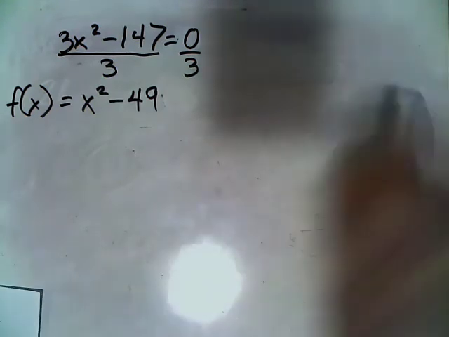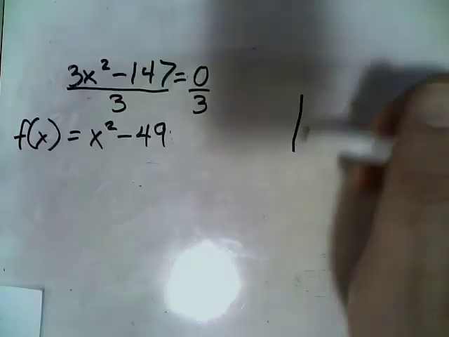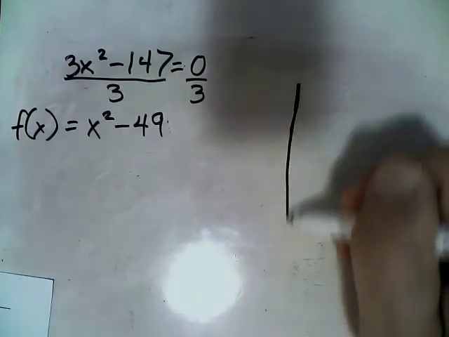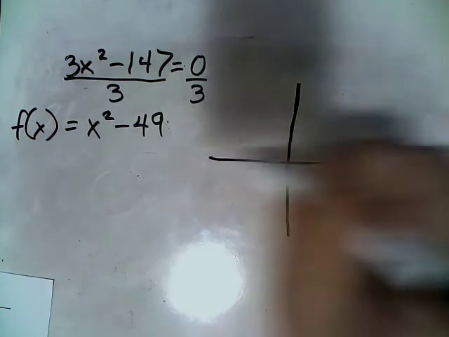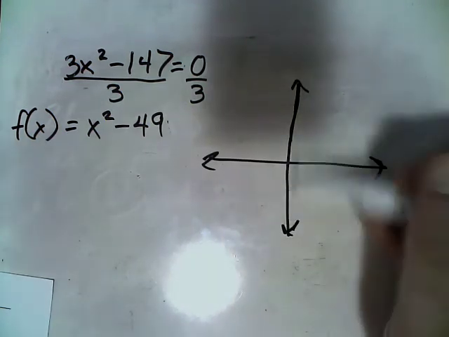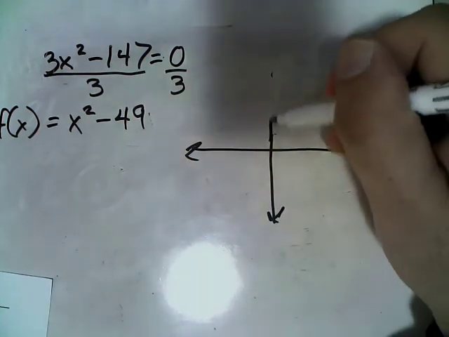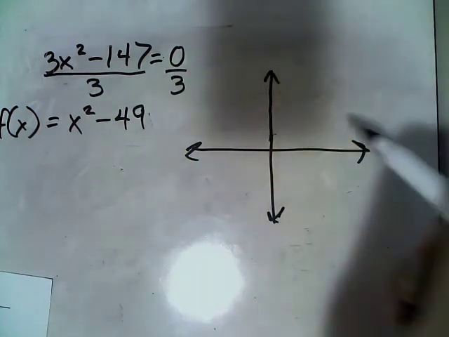So if I have my y-axis here, I know then my vertex is going to be somewhere there on the y-axis. And I can make that a little nicer. There we go.